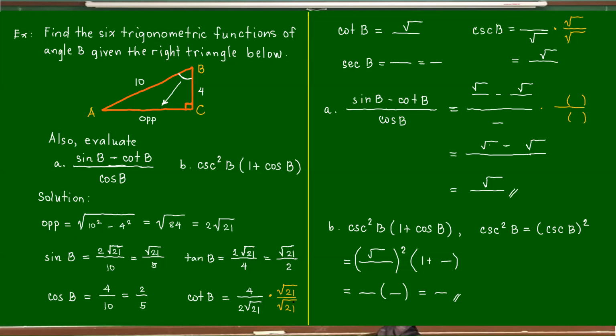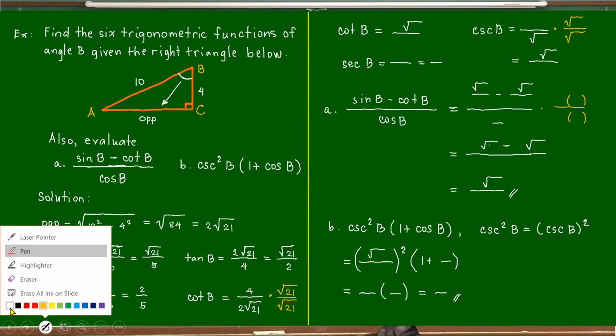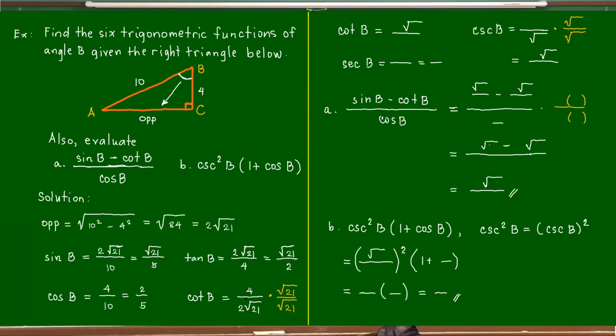That ratio will not change the value, it will only change the form. So we have 4 over 2, that is 2, multiplied by square root of 21. Square root of 21 times square root of 21 is 21. So we get 2 square root of 21 over 21, okay?